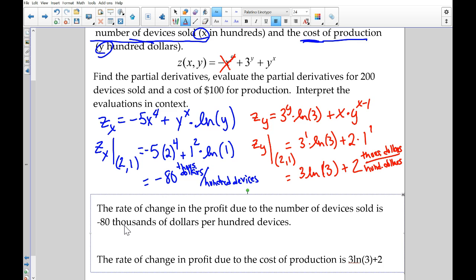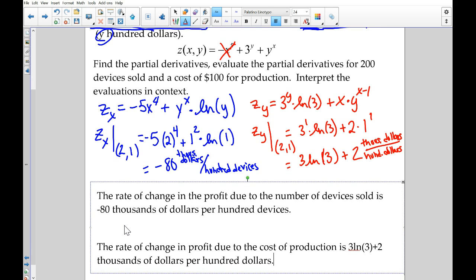If you want to evaluate that and get a number, that's fine. 3 natural log of 3 plus 2 thousands of dollars per $100. So those would be the interpretations as well as the partial derivatives.